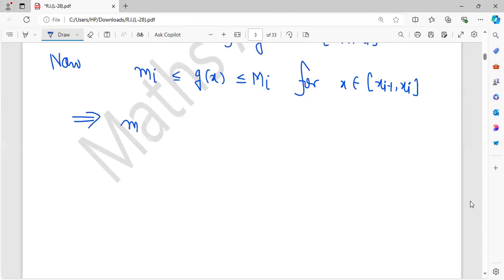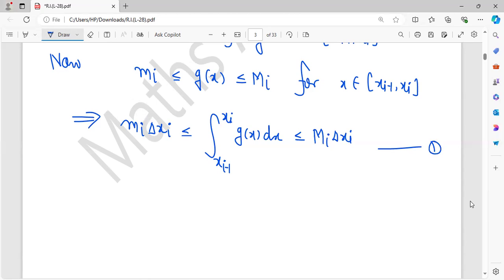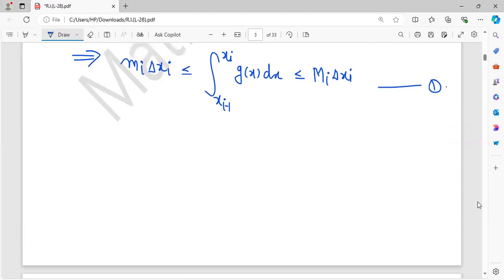This implies mi delta xi is less than or equal to the integral over [x_{i-1}, x_i] of g(x) dx, which is less than or equal to Mi delta xi. So let's call it 1.